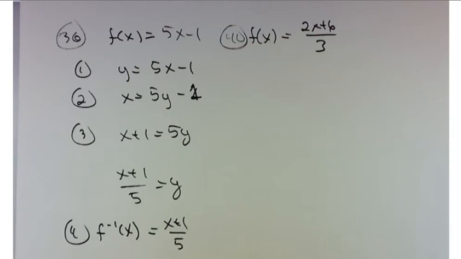Add 6 over there and divide by 2. Don't forget the notation at the end, f inverse. You divided by... okay, that's fine. So wait a minute. You didn't interchange x and y.